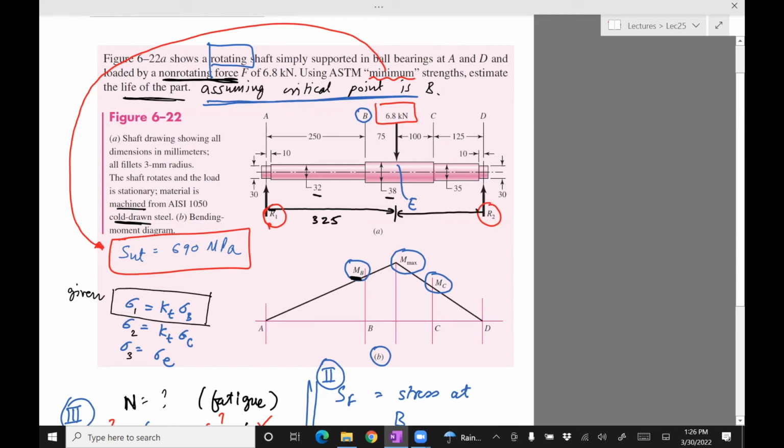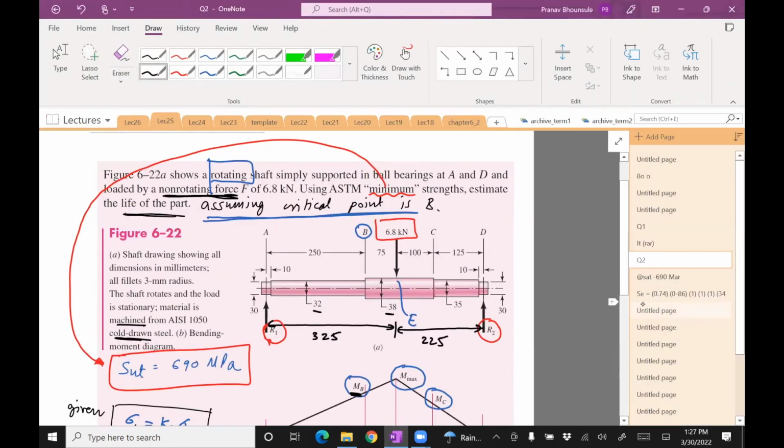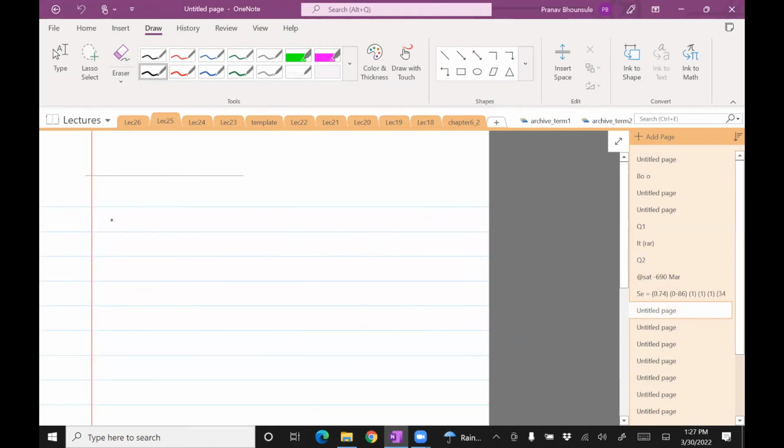And then this distance is 100 plus 125, so 225. So I would need to draw a free body diagram in order to figure out MB. So my goal is to compute MB now. Let's do that. So this is part 2, free body diagram.